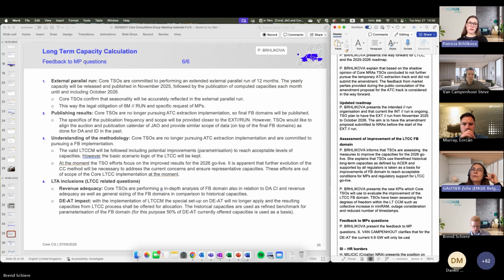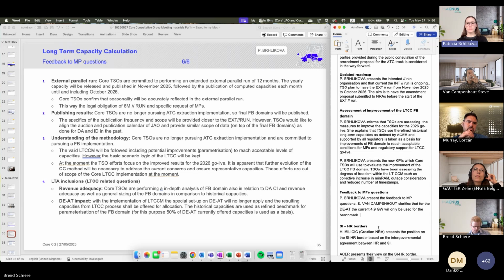Indeed, I would not make a connection between the benchmark and the capacity calculation results in the sense of what is considered for the capacity calculation. What was meant by this statement is that when comparing the results to the history, there is no specific value set for Polish borders, as currently the historical allocation is 0.